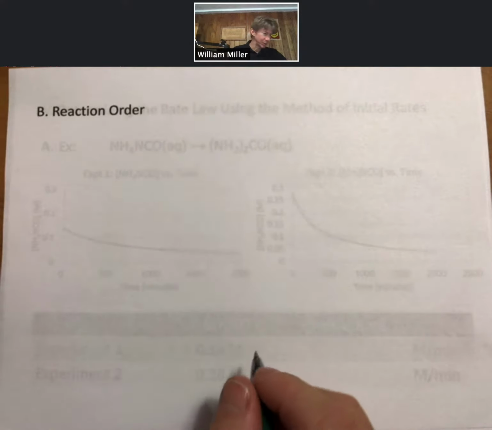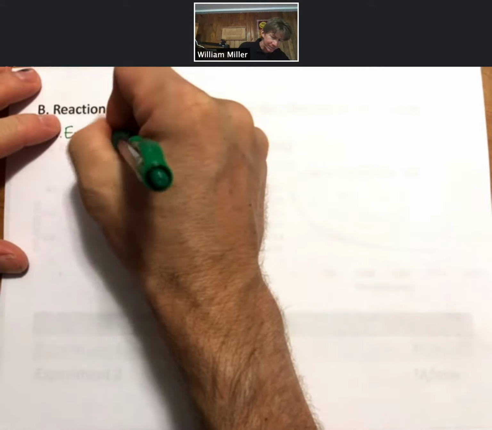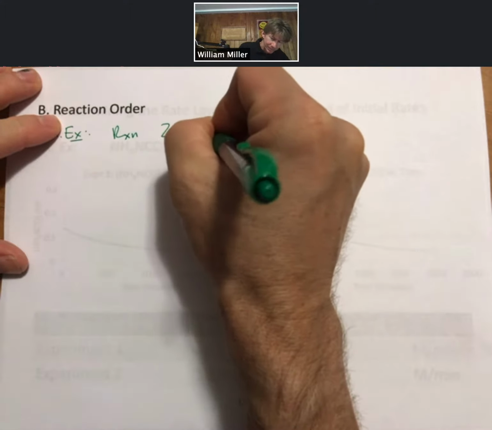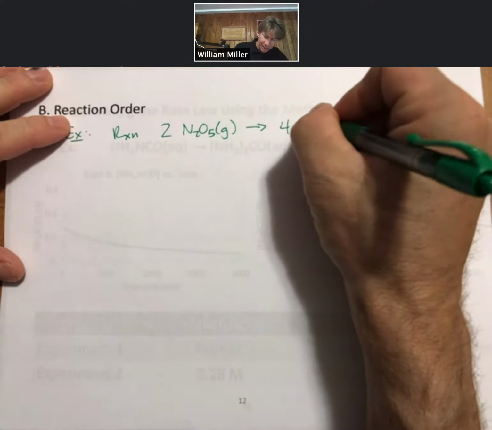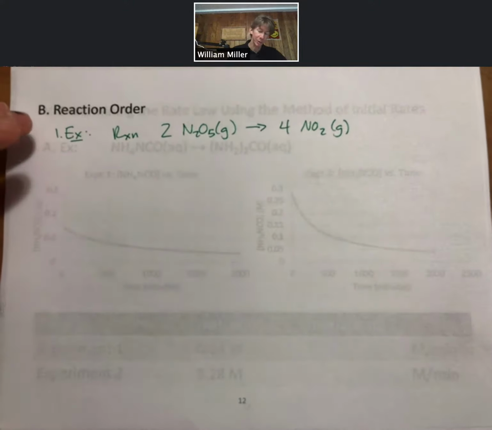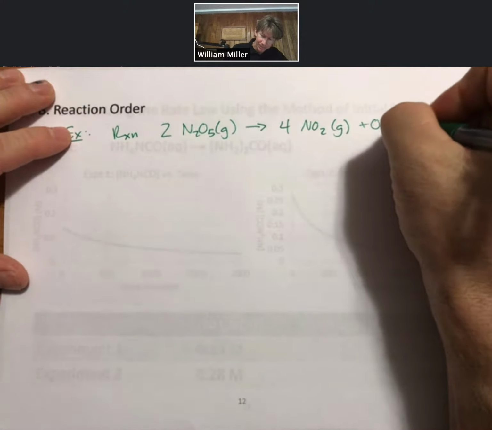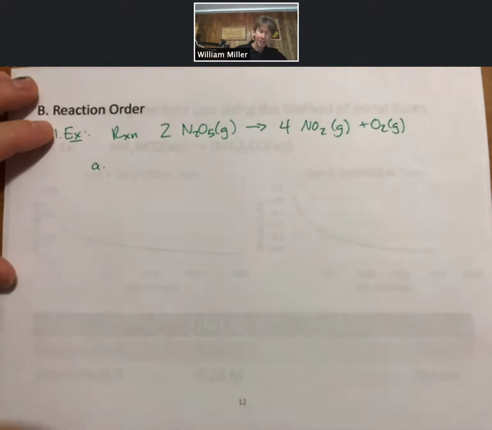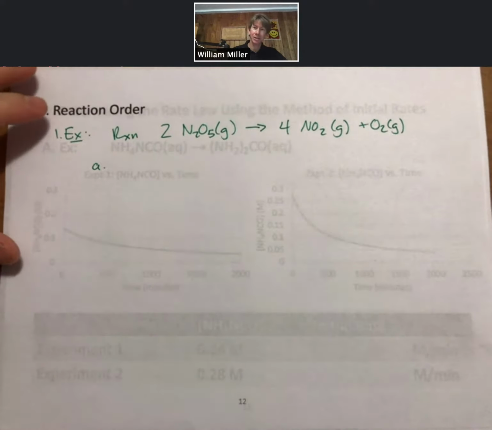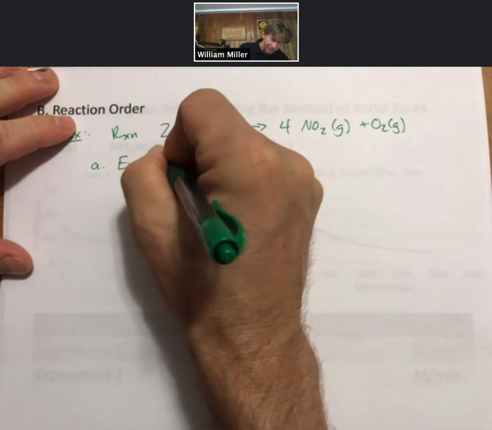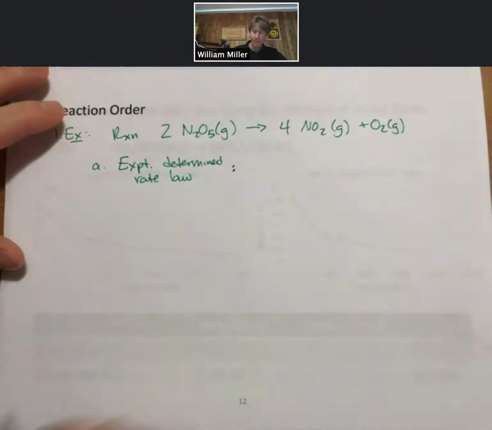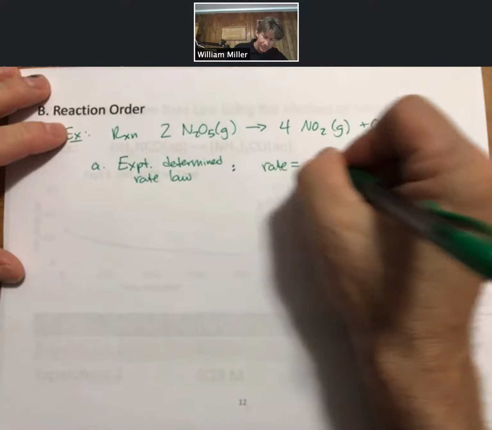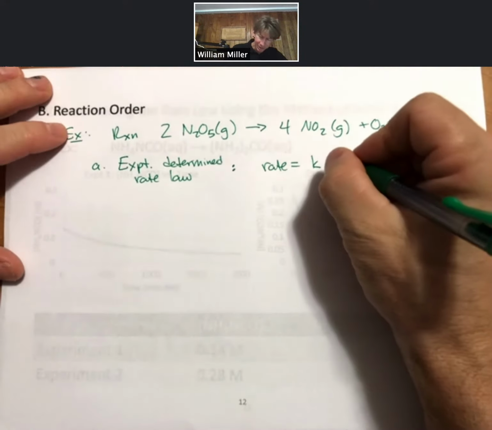Now, let's talk about reaction order. Let's say, for example, that for a reaction that takes 2 molecules of dinitrogen pentoxide, and when they react, the products are 4 moles of nitrogen dioxide plus oxygen gas, you determine the experimentally determined rate law, and you found it to be that rate equals k times the concentration of N2O5.